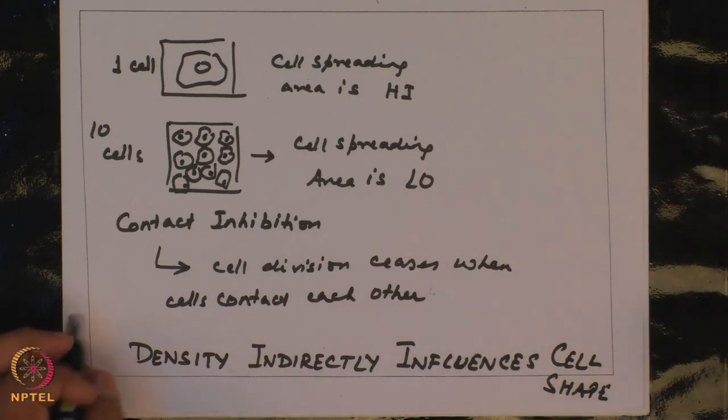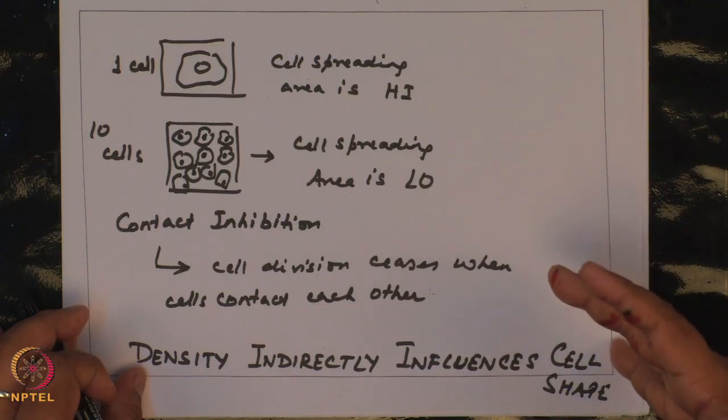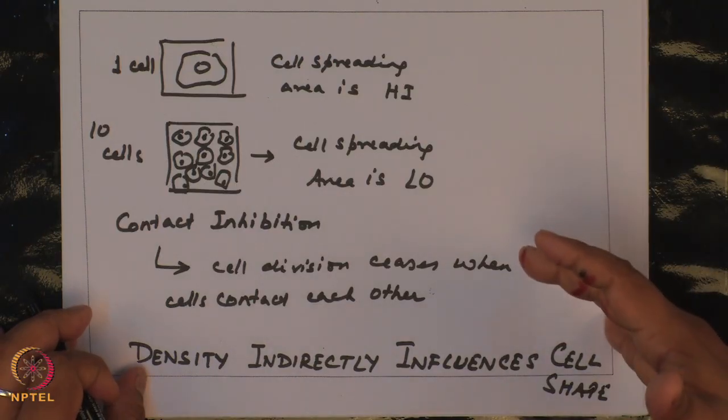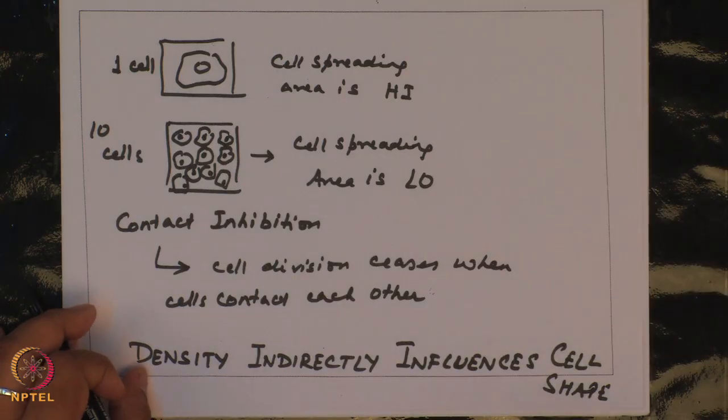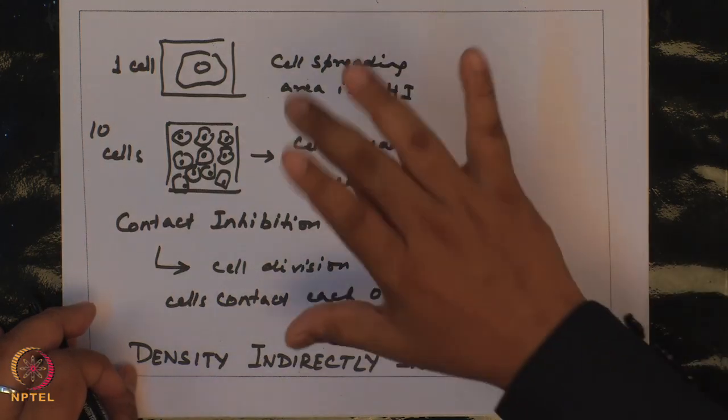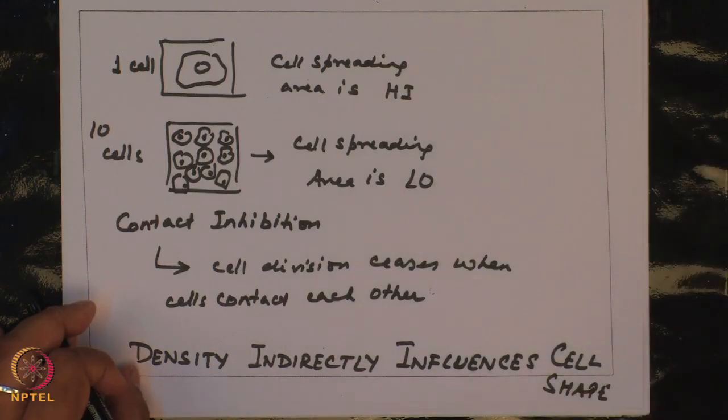So, is it possible that it is this cell shape or cell size which determines the nature of the differentiation trajectory? However, in this particular experiment it is difficult to answer that question, because it can very well be that when you have high density, the growth factors and other things that the cells secrete might have a role to play. Also the cells touching each other might have a role in this adipogenic differentiation.